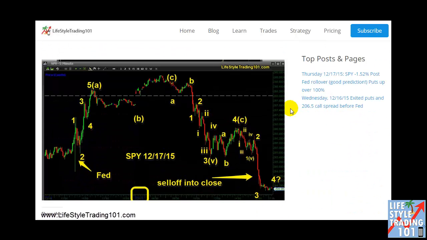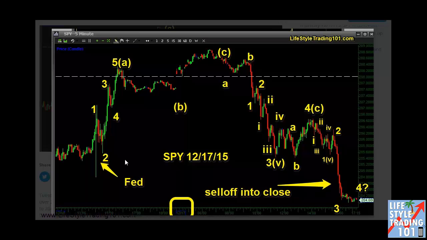So just to illustrate what happened, we have the Fed announcement that happened here, and we had a 1, 2, 3, 4, 5, and it went a little bit higher by finishing this A, and then B, and then a big C wave all the way up at like 6 a.m. in the morning.